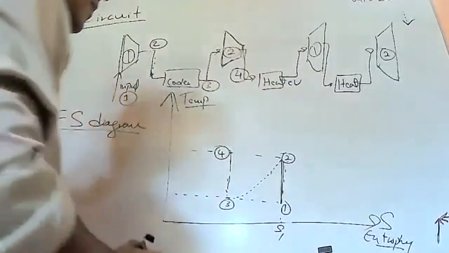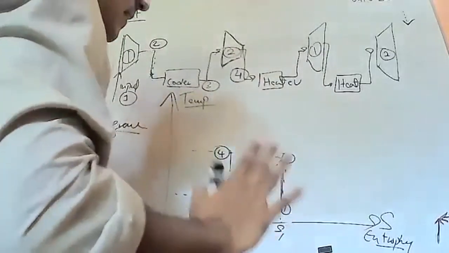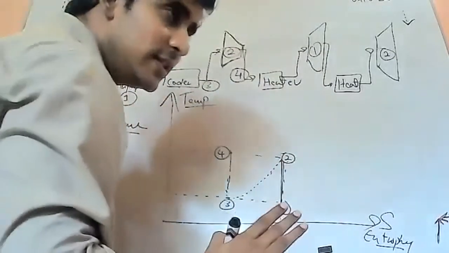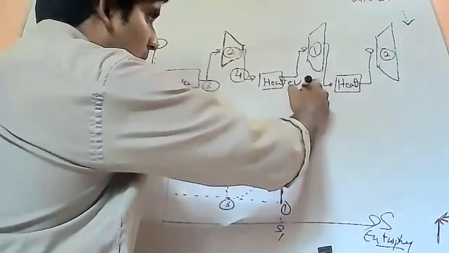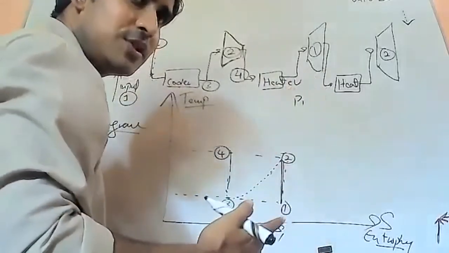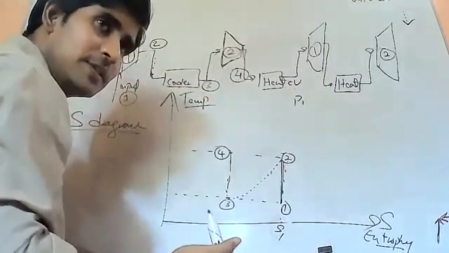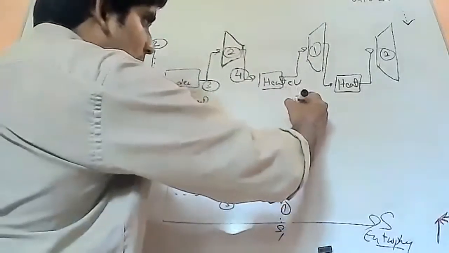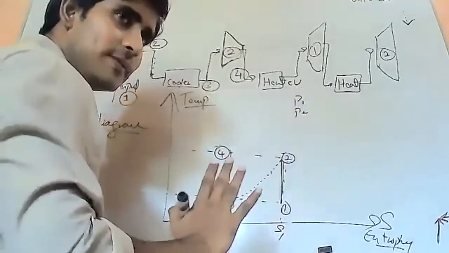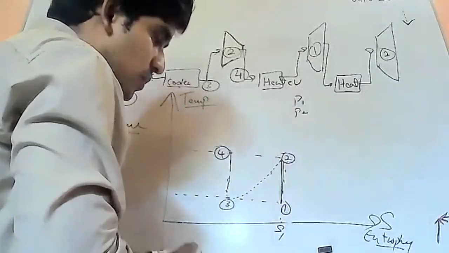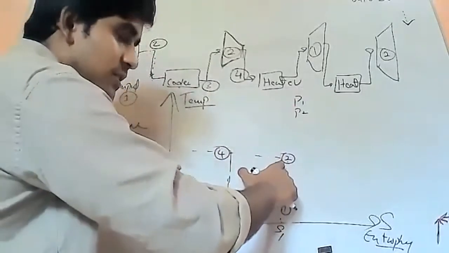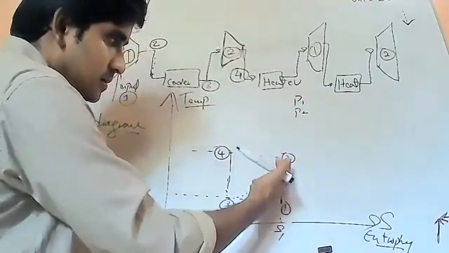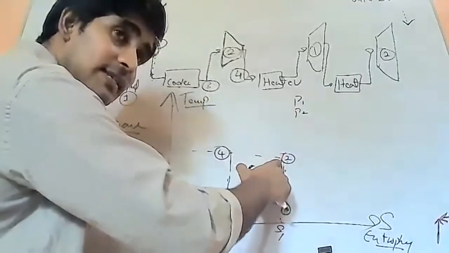I can even teach that in this manner also. Let's call the initial pressure P1. The final pressure after the first compressor, let's call that P2. After the first compression ends, it is intercooled.